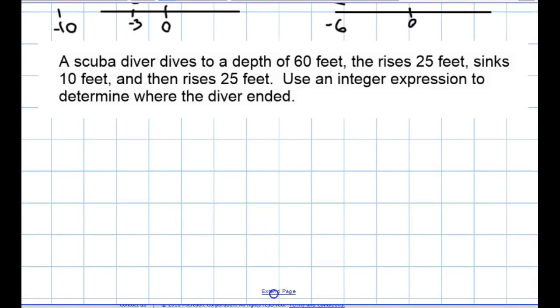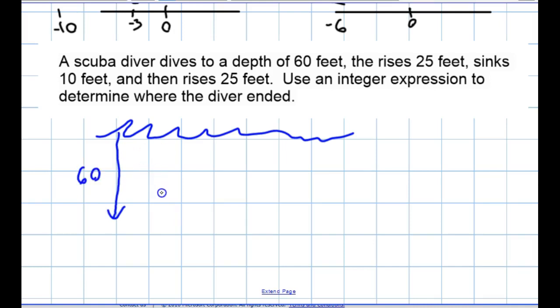Now our word problem says a scuba diver dives to a depth of 60 feet. So we can start off by making the sea level, so our waves. Now the diver goes down to a depth of 60 feet. We'll say he goes down 60.